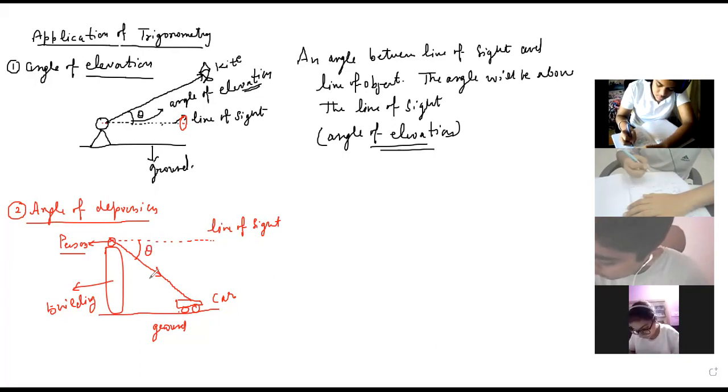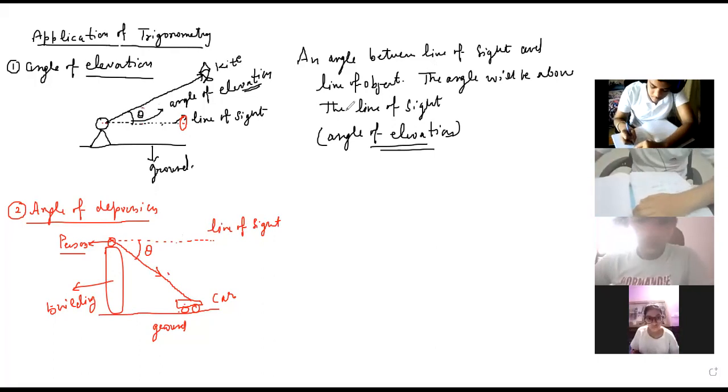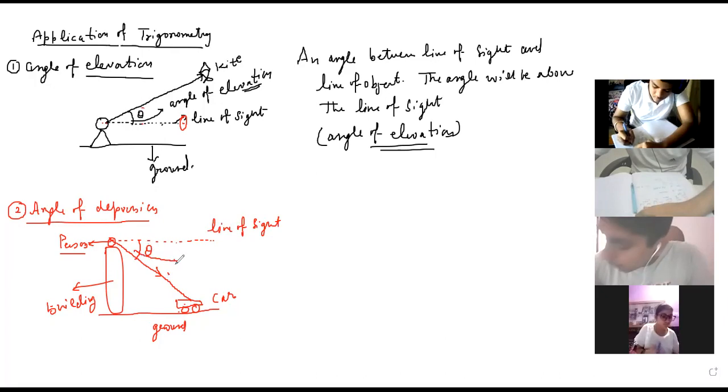So जब आप ऊपर से किसी को नीचे देखोगे, कहने का मतलब है जो एंगल लाइन ऑफ साइट के नीचे बनेगा उसको मैं एंगल ऑफ डिप्रेशन बोलूंगा, जो एंगल लाइन ऑफ साइट के ऊपर बनेगा उसको मैं एंगल ऑफ एलिवेशन बोलूंगा.